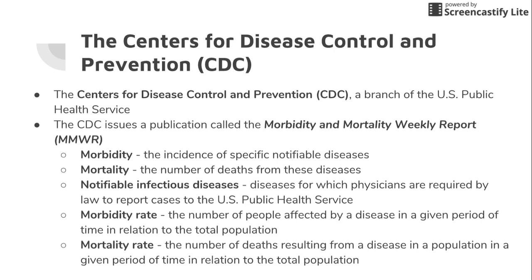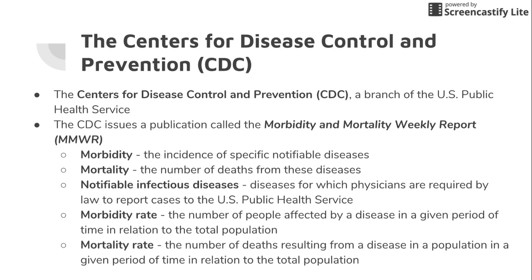So if you say AIDS and you say that there was 5,000 cases, so that would be how many you have, so the incidence, how many new cases you have. So you have 5,000 new cases, and say in that particular year, 300 died. So that would be the mortality of that particular disease for that year.